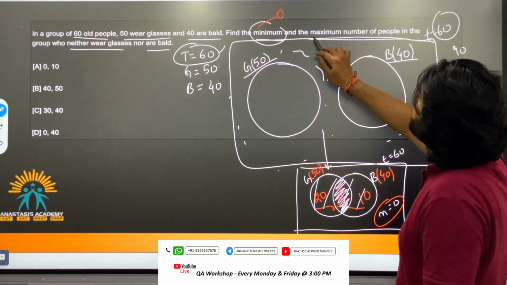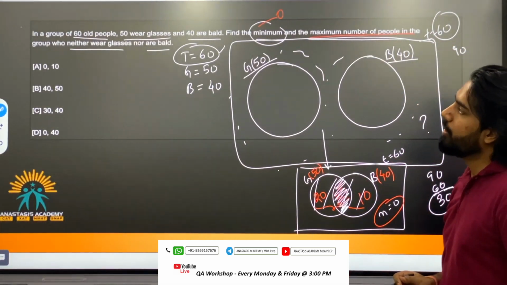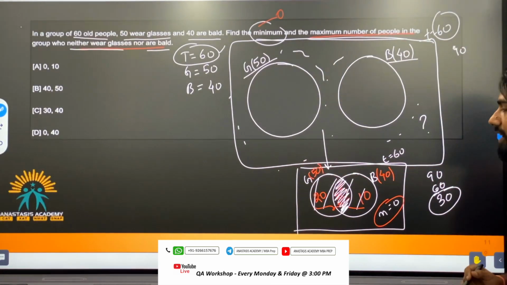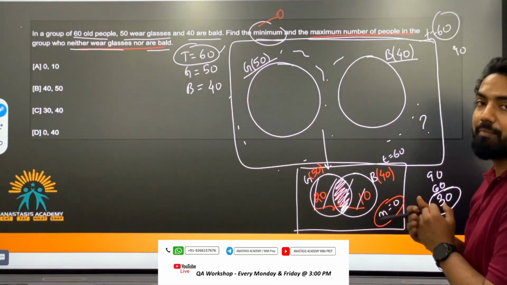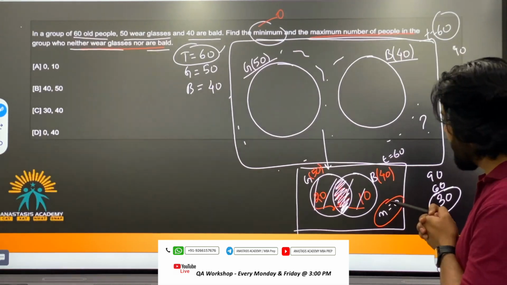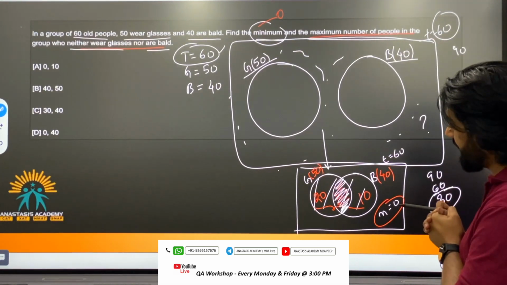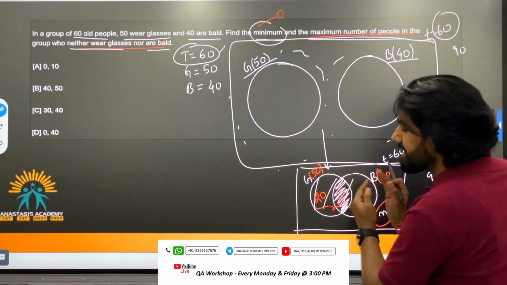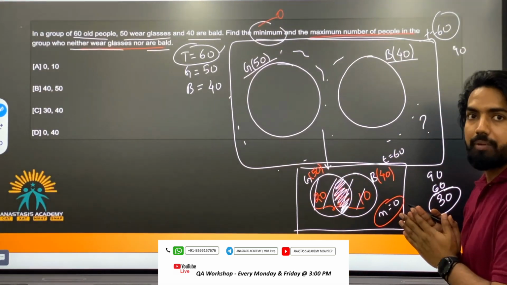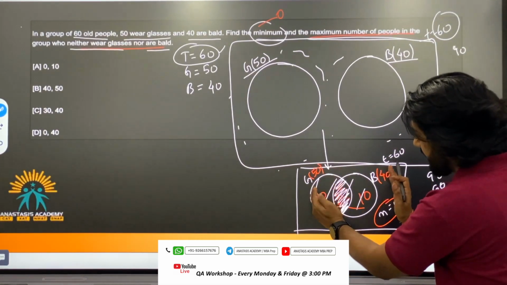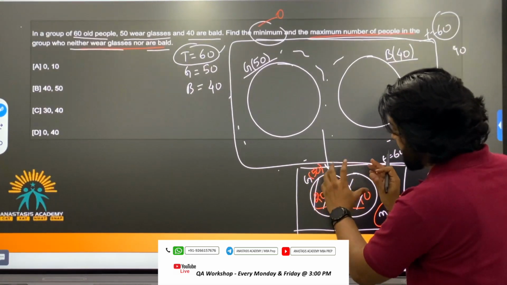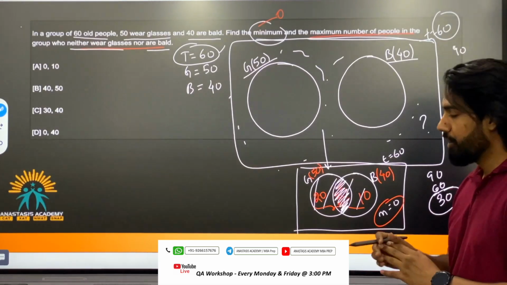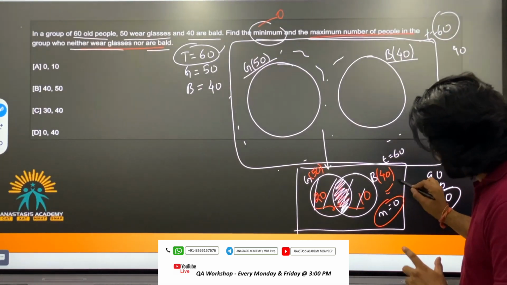Now I need to find the maximum number of people in the group who neither wear glasses nor are bald. Now I have to find the maximum value. If I have to find the maximum value, I need this union as small as possible. I need to fit these two sets within each other, so that I can have this value as maximum.